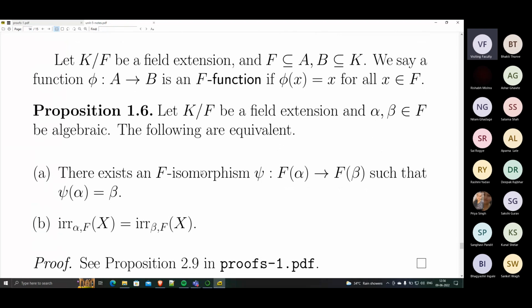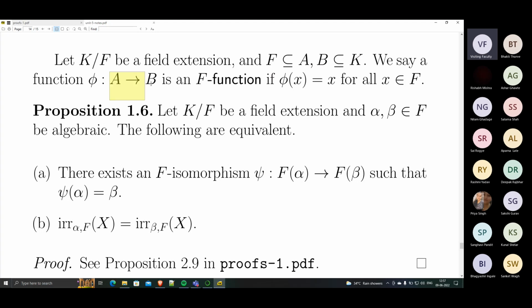So you remember at one point of time we were looking at maps between two fields such that the elements of the smaller field were fixed. So we have just given it a name now. Let K over F be a field extension and A, B be subsets of K such that F is contained in both. F is the smallest, A and B are larger than F, and K is the largest.